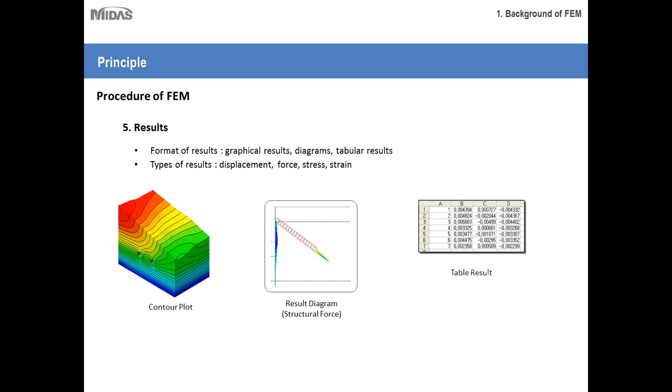So depending upon different types of results, it becomes easier for engineers to interpret the result in different formats, and that's why any tool that you use should be flexible enough to provide you results in different layouts and formats. So if we look at that equation for one last time, you can see in this step we have actually determined U, which is the displacement or the final result that we needed.